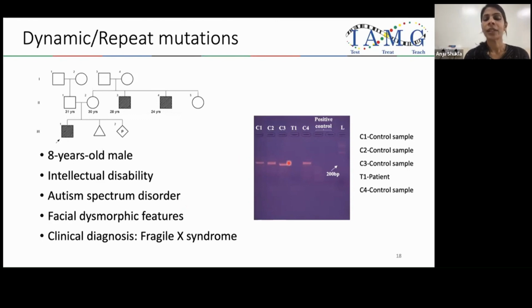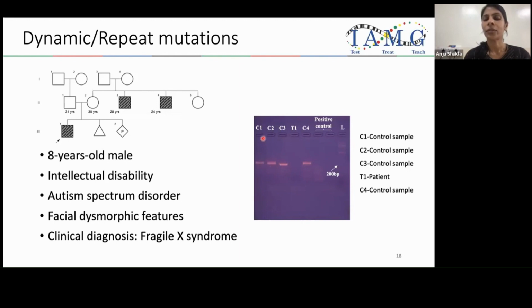So we have done a PCR screening here, and what happens in Fragile X syndrome is that there are usually more than 200 CGG repeats in an affected individual. When we do PCR to detect this region, if there is no expansion of the allele, you will see the PCR product.